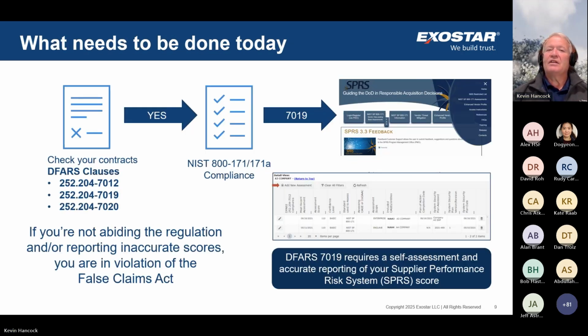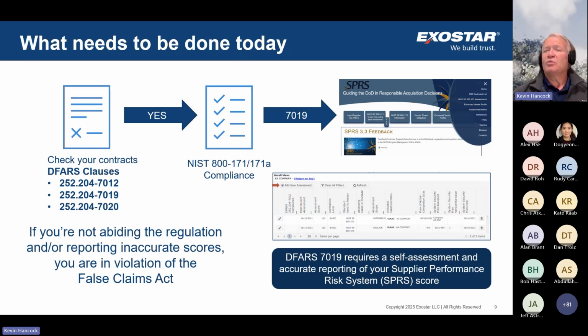Now, as I mentioned, the requirement to be in compliance with NIST 800-171 goes back to about 2013. That's when the DFARS clause 252.204-7012 started to appear in DoD contracts.